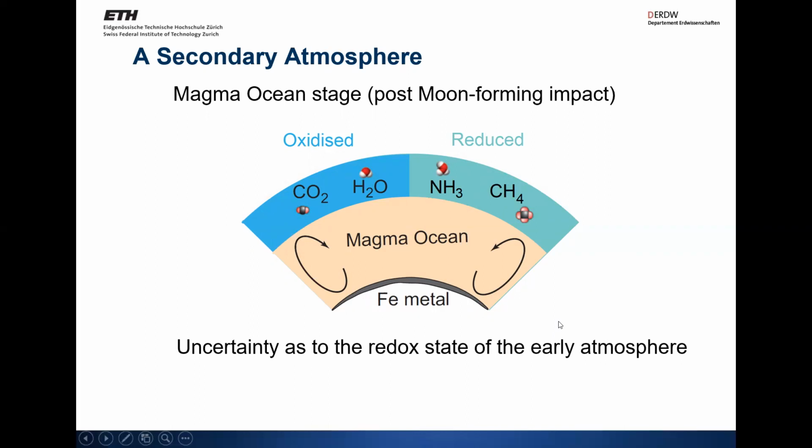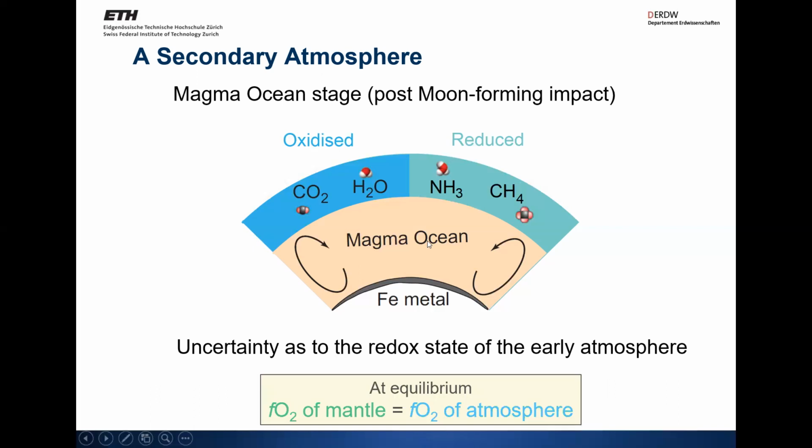Then the question that is relevant for our thesis here is whether such a vaporized atmosphere was indeed reduced, as envisaged by Miller and Urey, or whether it contains more oxidized species such as CO2 and H2O. Now, we can use a thermodynamic identity to give us a better clue as to what atmosphere really existed.